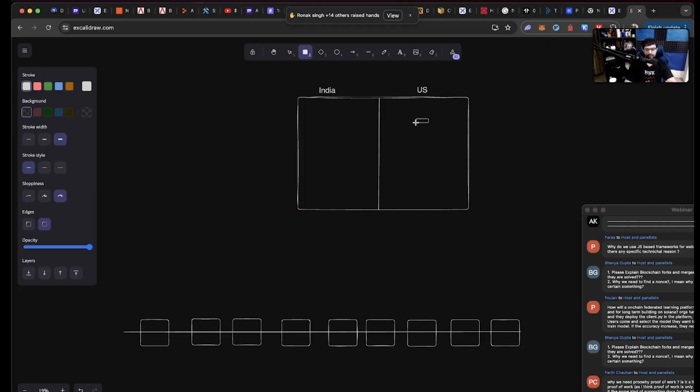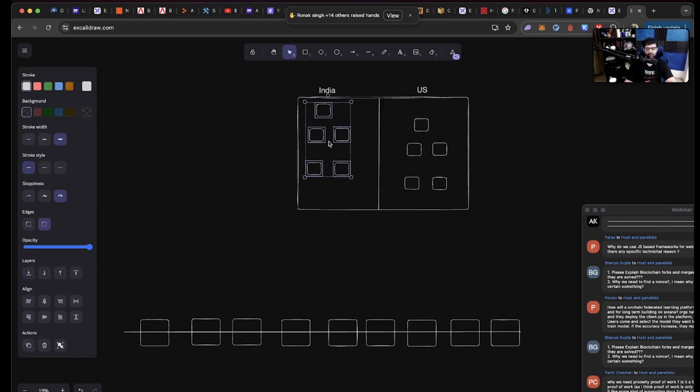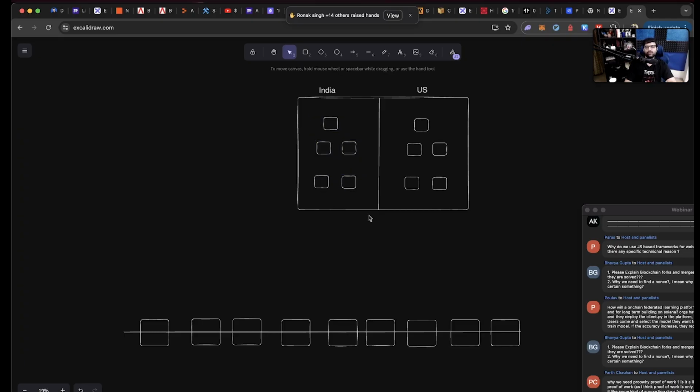Our blocks will now ignore all the Indian transactions. We are only going to gather the transactions from US users. And let's say India does the same thing. Here we don't want any of the US people's transactions to be included, and we're just going to include transactions from our users.